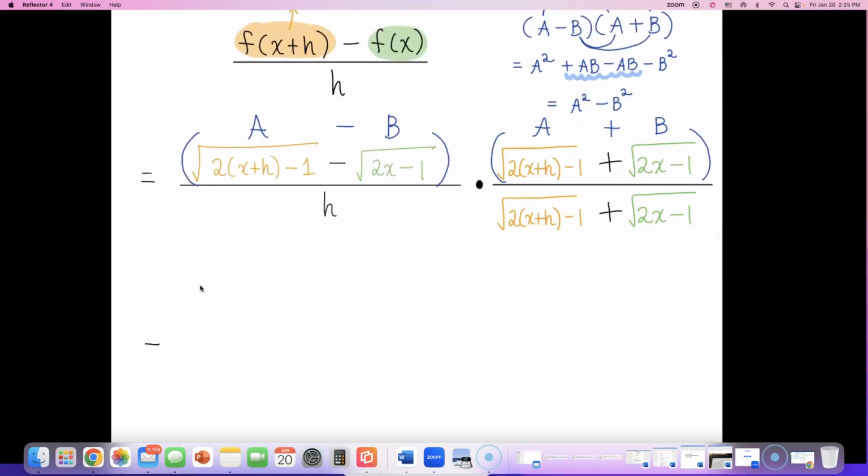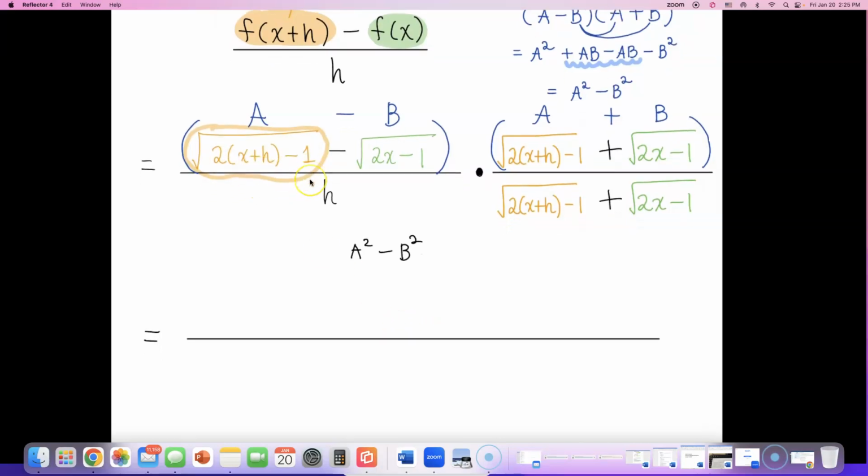Let me draw a long fraction bar. I will square a because I need to write a squared minus b squared. If you square a square root, the thing inside will just come out because square root and squaring cancel out, right? So what comes straight out? 2 times x plus h minus 1.